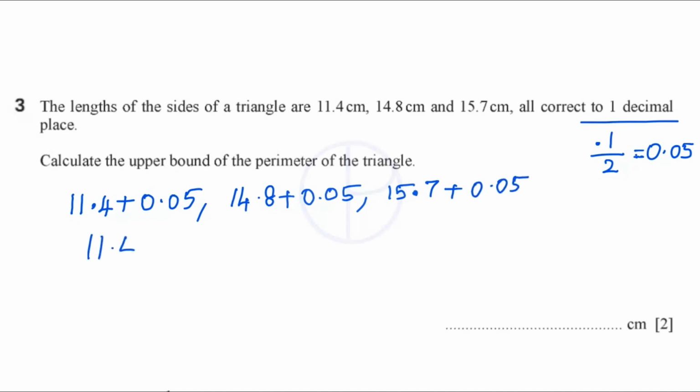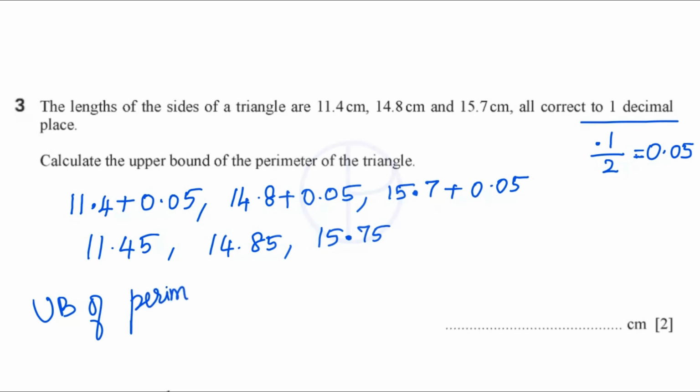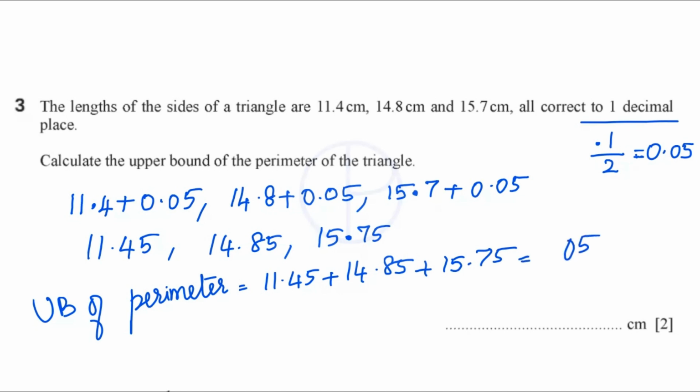So this is 11.45, 14.85 and 15.75. Now to find the upper bound of the perimeter, add all the three values: 11.45 plus 14.85 plus 15.75, which is equal to 42.05.